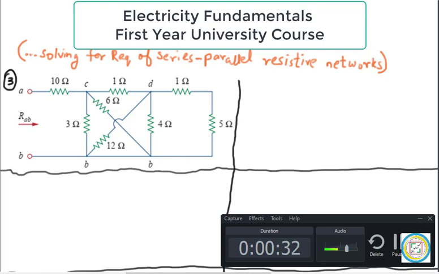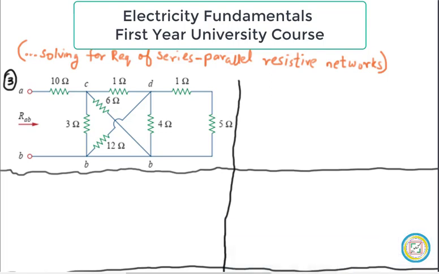We are going to first do some more series parallel circuit solutions. We are going to find equivalent resistance of a couple of networks, and then we are going to apply voltage and current division rules on different kind of other networks. So let's start.